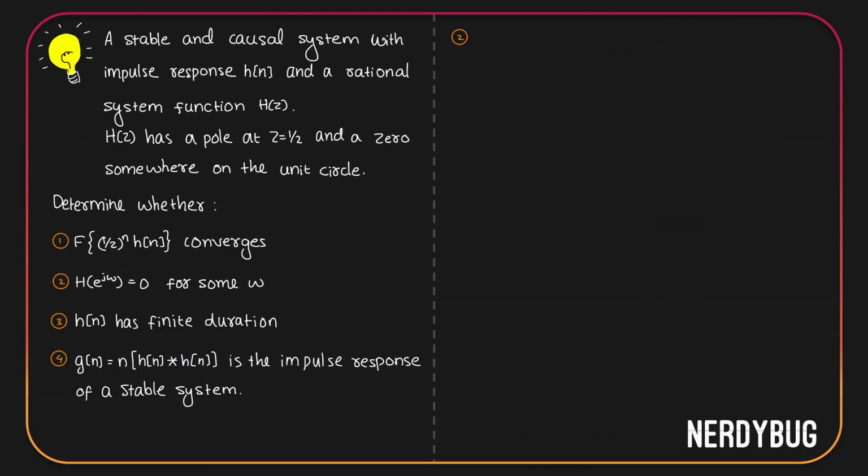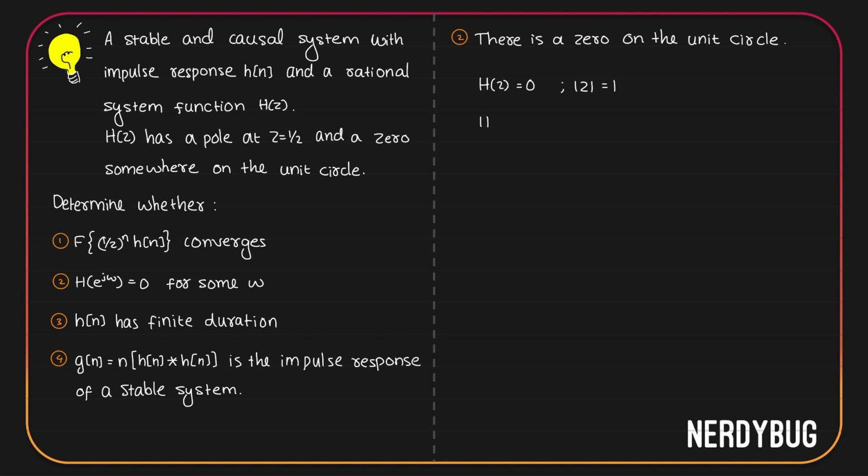We have to check whether h of e raised to j omega is 0 for some value of omega. It is given in the question that there is a 0 on the unit circle. So for some value of omega, h of z is equal to 0 when magnitude of z is equal to 1. But z can be written as r e raised to j omega.